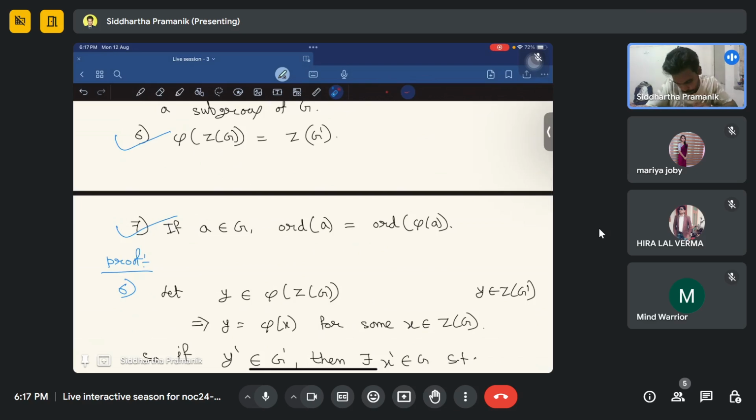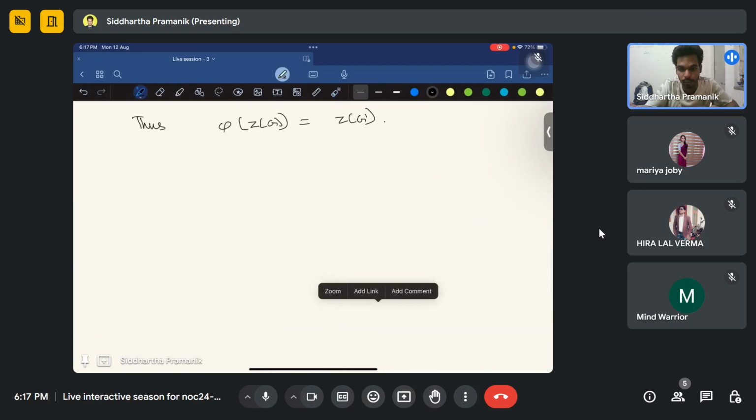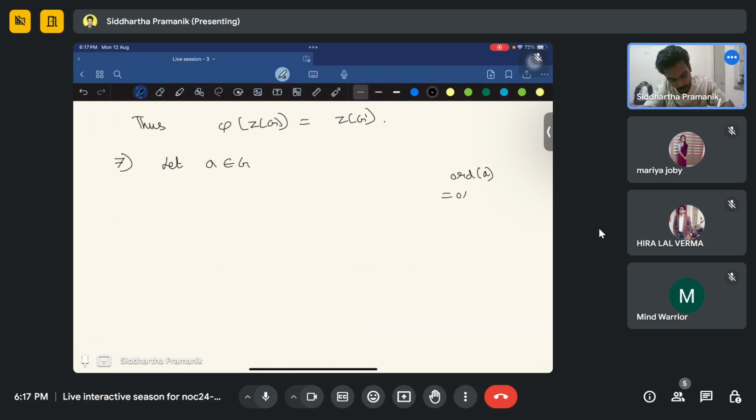Let's try to prove the seventh one. And these properties will be used when we check whether two groups are isomorphic or not. So let a belong to G, and we need to prove the order of a is the same as the order of phi of a. Now the order of a can be finite and it can be infinite also.